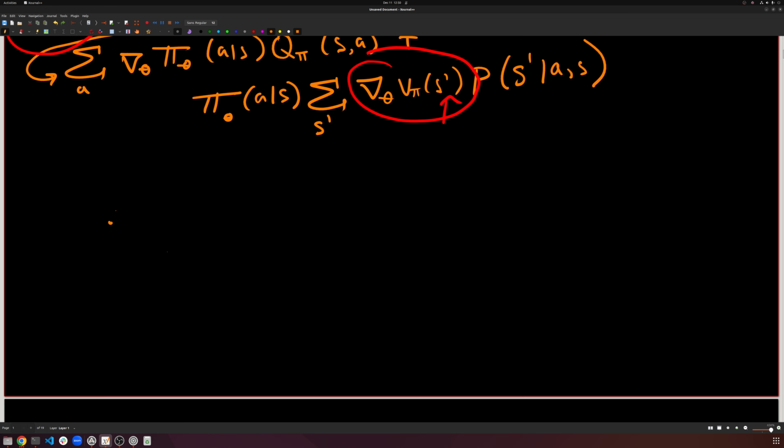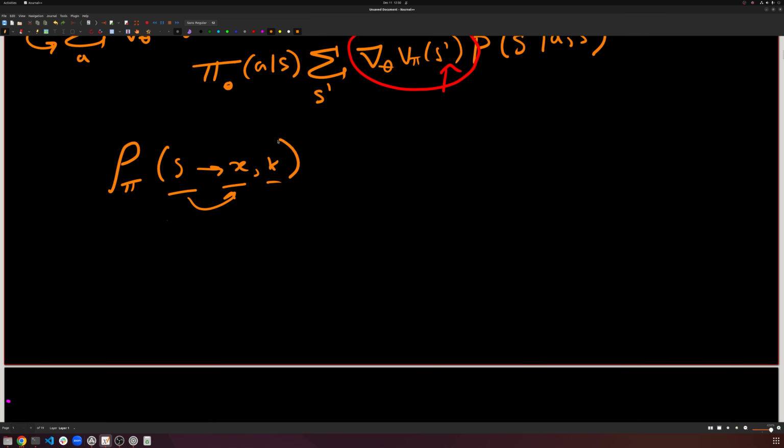The notation we're going to use is rho pi from s to x, k. This looks fancy, but there's nothing fancy. All this is saying is: what is the probability of going from some state s to some state x in k steps?